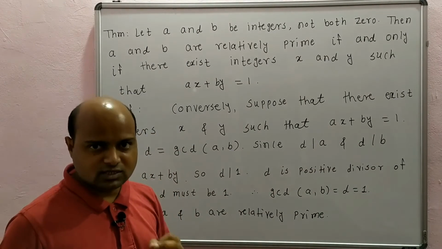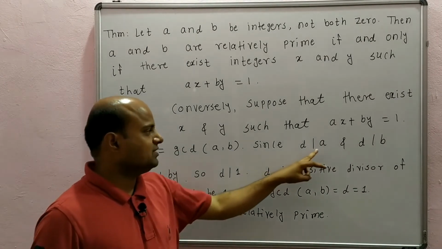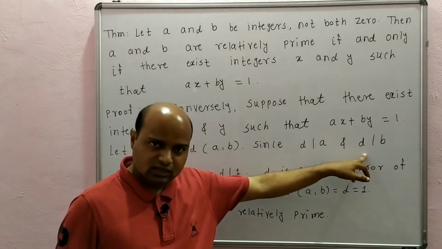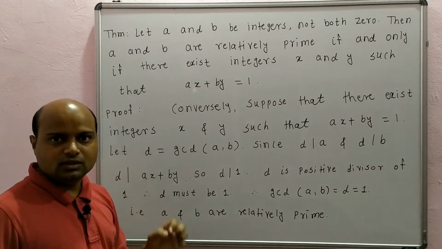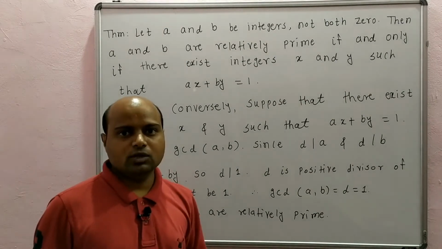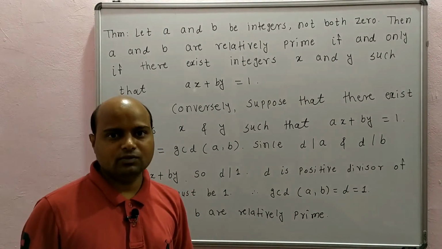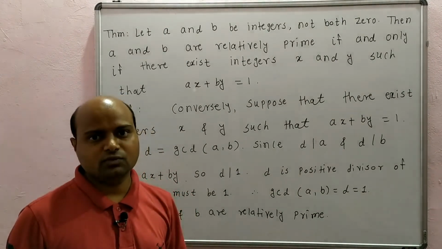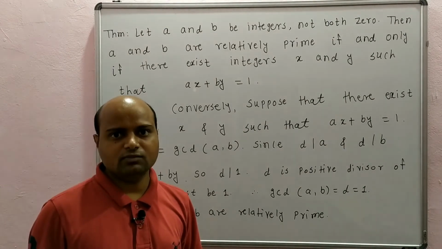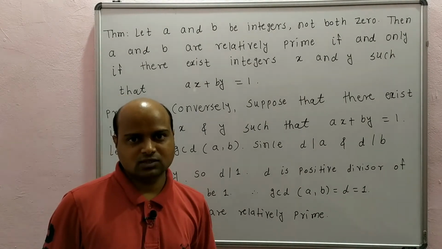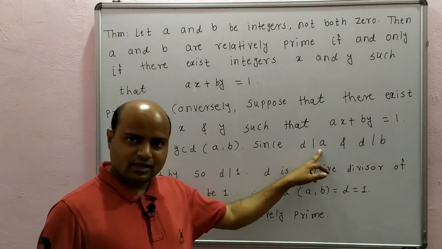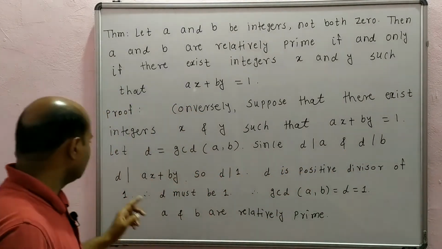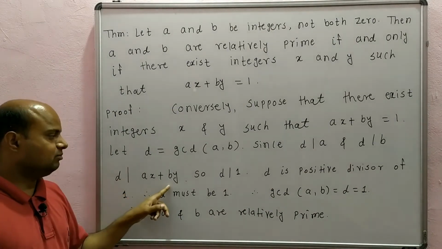We have learned a result: if d divides a and d divides b, then d divides ax + by. I have given the link of that video in the description. You can see that video. Since d divides a and d divides b, we have d divides ax + by.